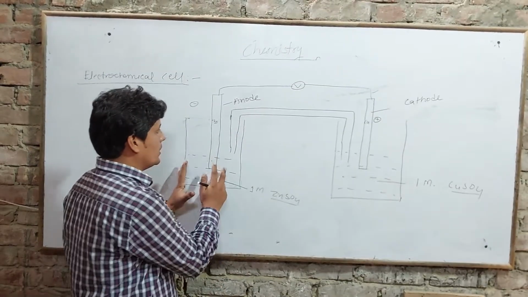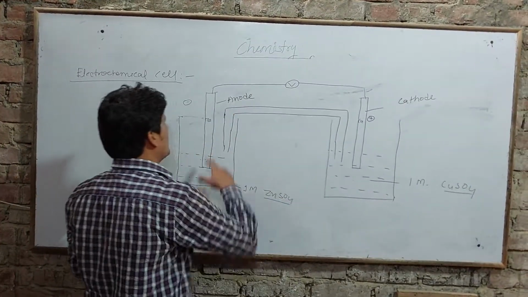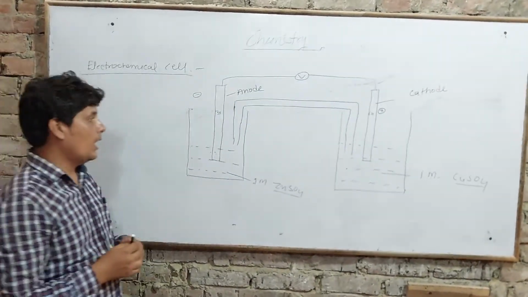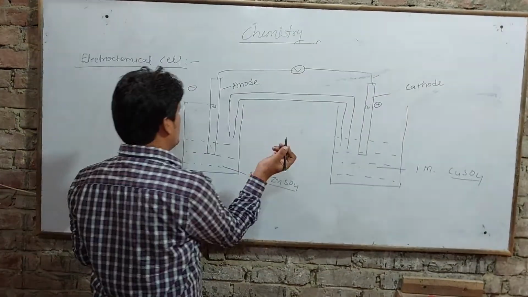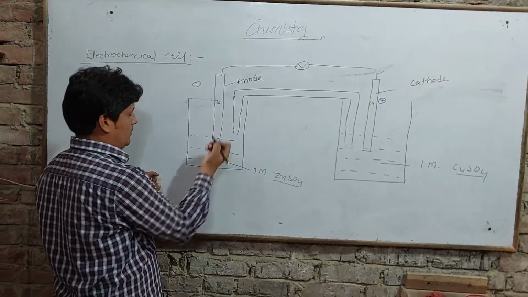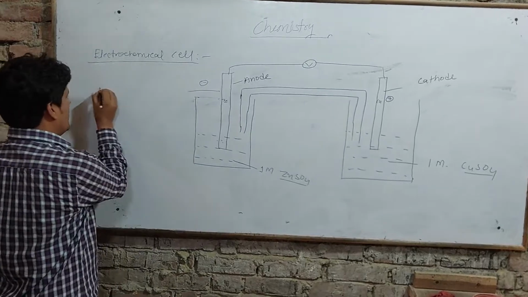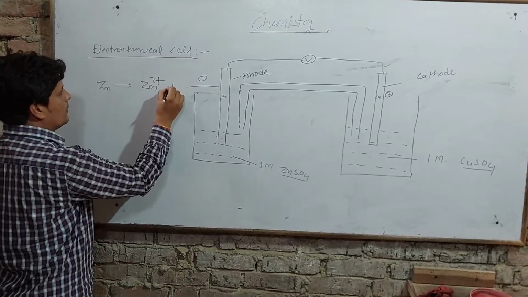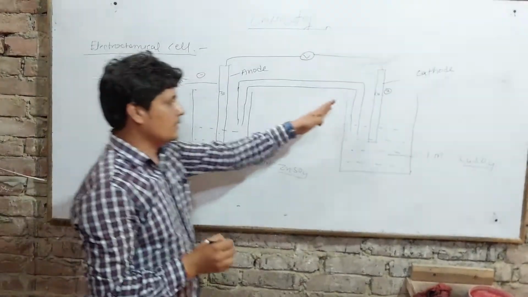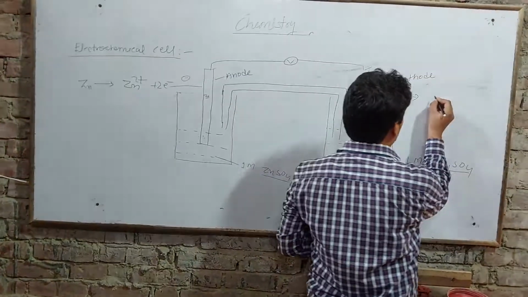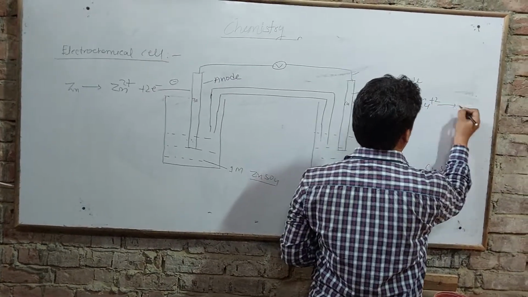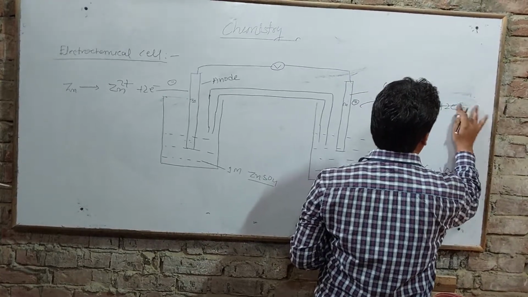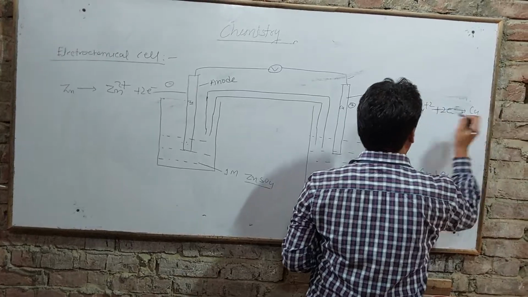When the zinc rod and cathode are connected with an electrical wire, electricity flows in the way that zinc goes into oxidation state as Zn gives Zn2+ plus 2 electrons, while copper gets reduced, Cu2+ plus 2 electrons gives Cu.